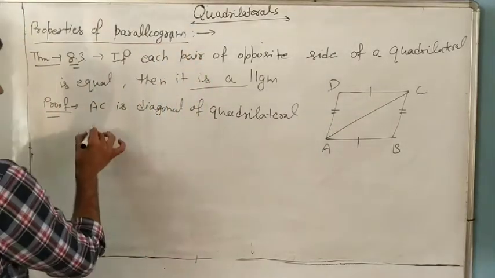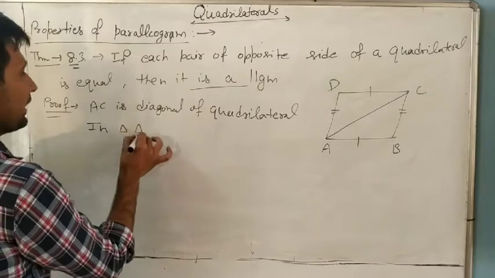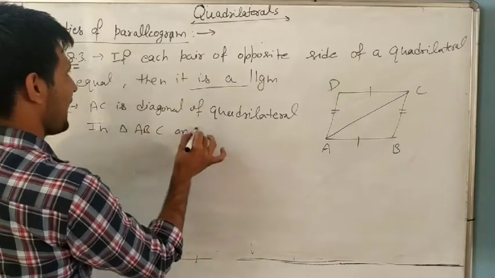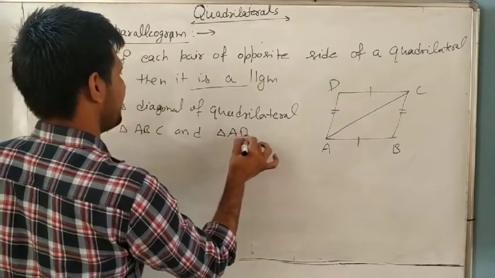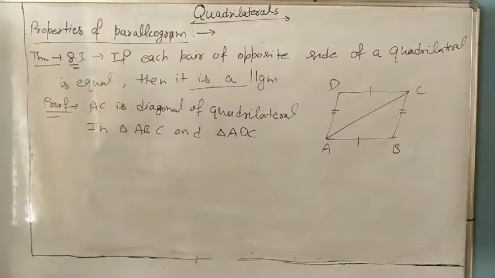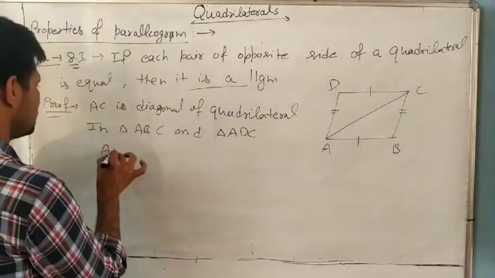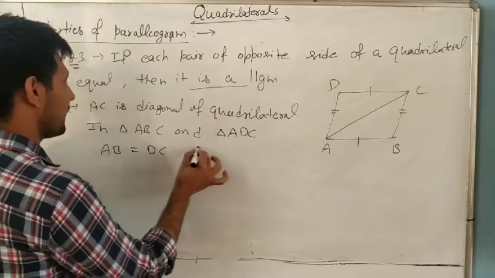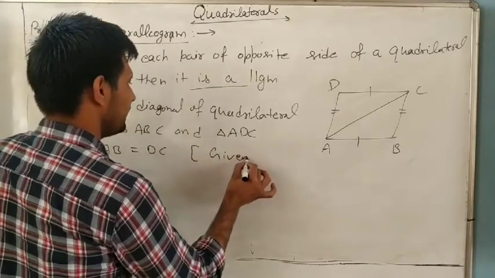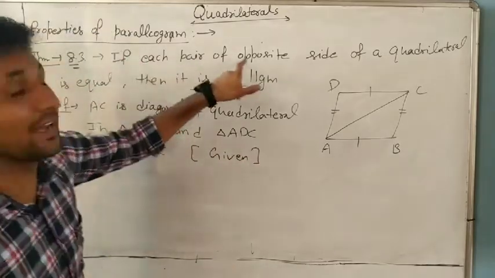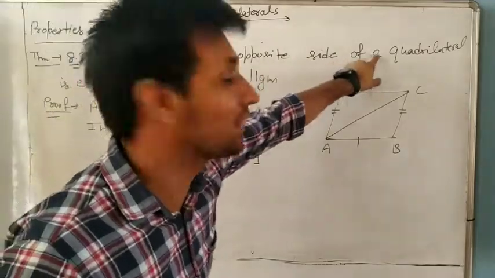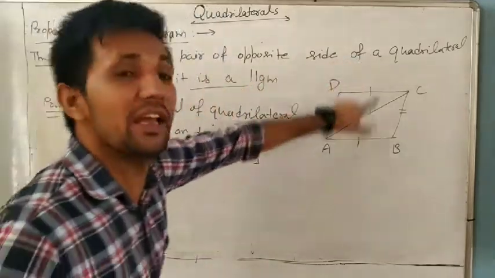And now in triangle ABC and triangle ADC. Okay, so now AB equals DC. Why? It is given in the question because each pair of opposite sides of a quadrilateral is equal. So each pair is equally given.